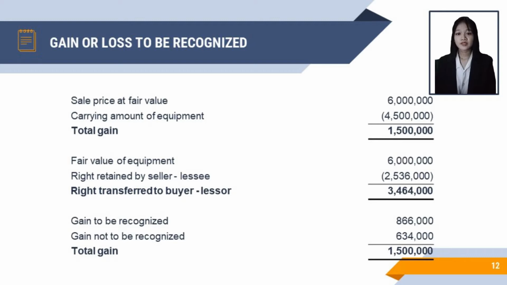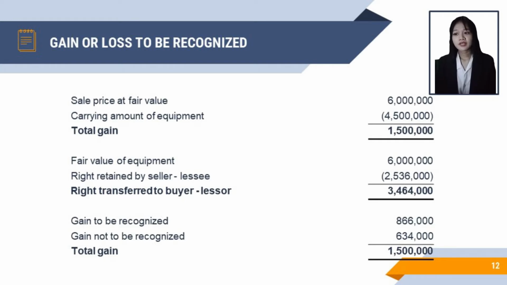Then the gain to be recognized and the gain not to be recognized. First, let us compute the gain to be recognized. We look at the right transferred to the buyer-lessor, which is our 3,464,000. We divide it by our sale price of 6 million, then multiply it by our 1.5 million total gain to get 866,000. For the gain not to be recognized, we divide our right retained by the seller-lessee of 2,536,000 pesos by our sale price of 6 million.